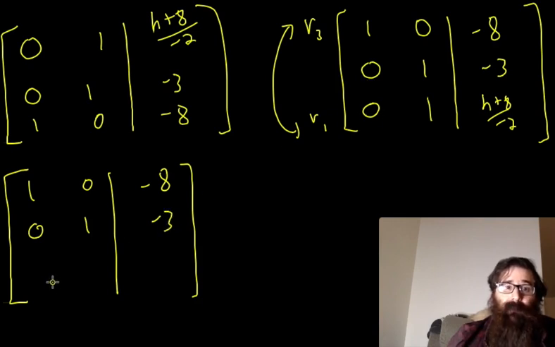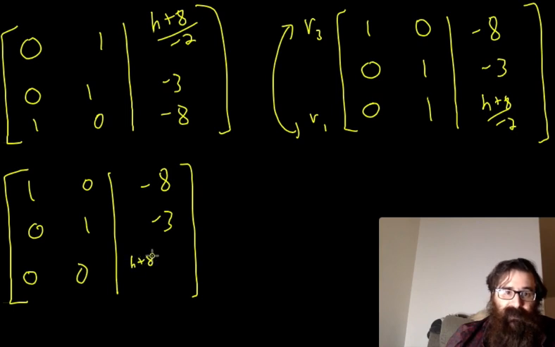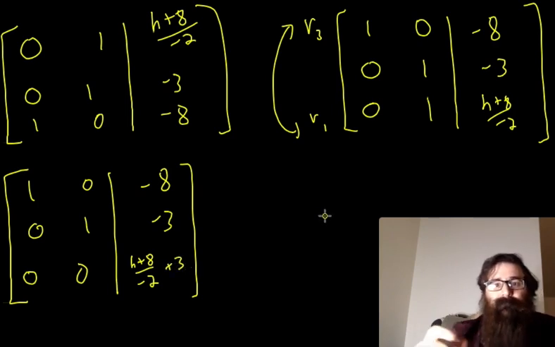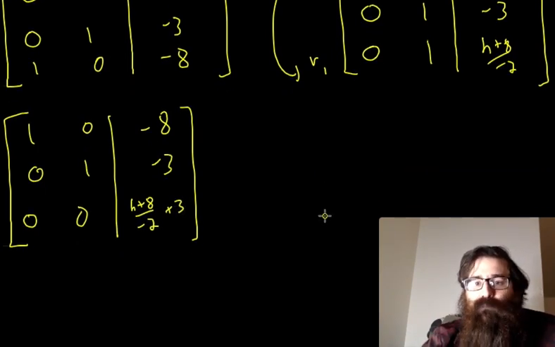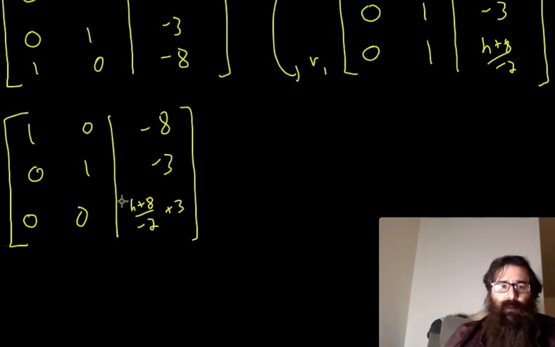Row 3, 0 minus 0 gives me 0, 1 minus 1 gives me 0, and then I get h plus 8 over -2, and then minus -3. So that's going to give me h plus 8, all divided by -2, and then minus -3 is actually going to be plus 3. I think this maybe makes it a little bit more complicated to solve, but this is really the appropriate way to go about it.